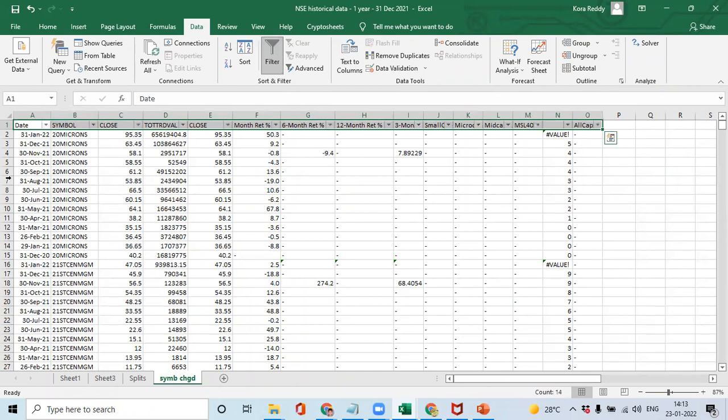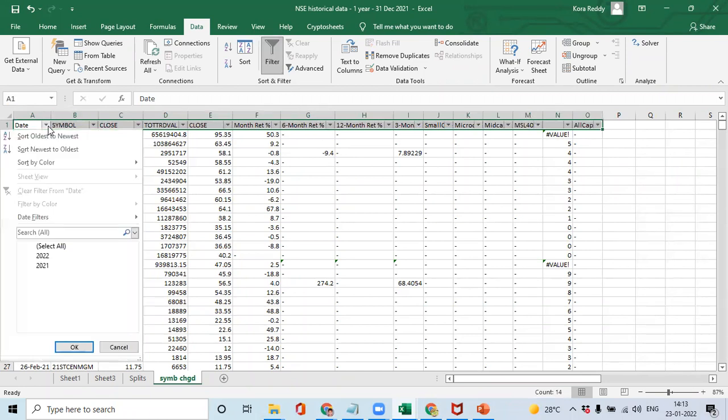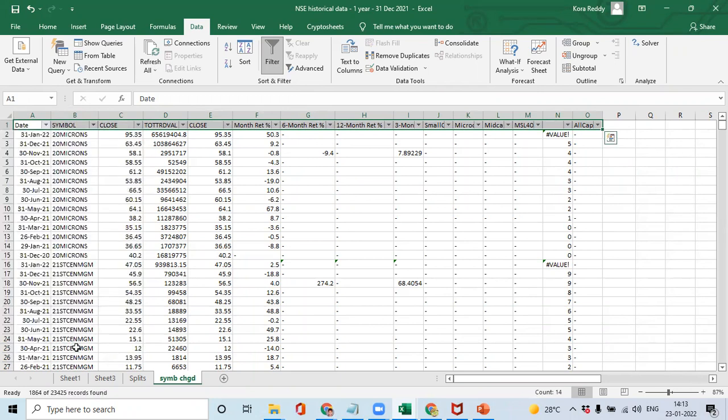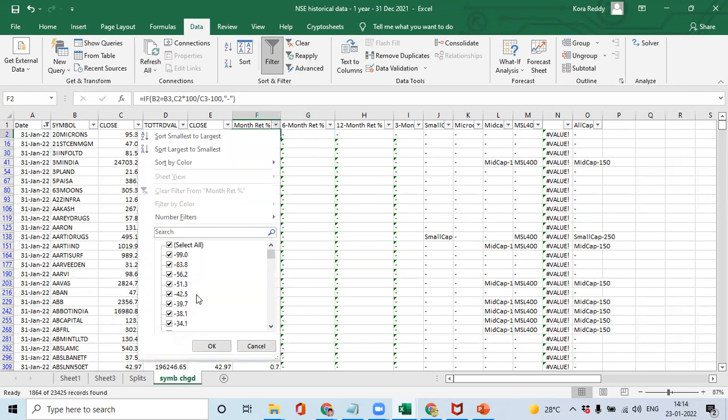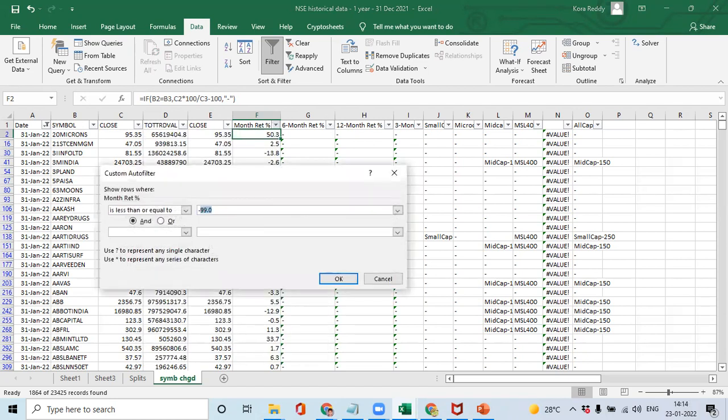Filter, just give me only 31st Jan data. So 20 Microns has given 50% returns in this month. Now your suspicious items are anything like this. These are all your suspicious candidates for either bonus or split.